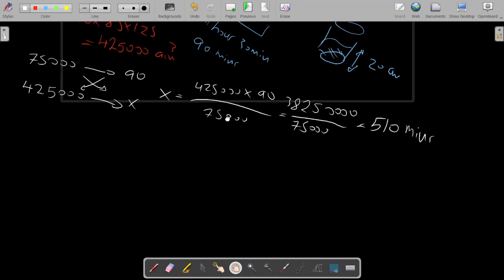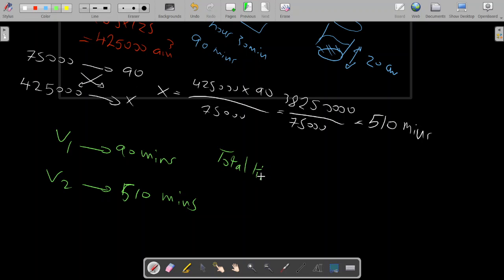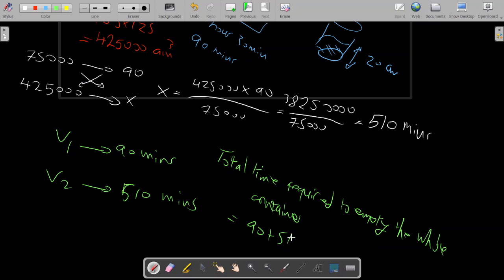So the last step of this solution: volume 1 needed 90 minutes, volume 2 needed 510 minutes, so the total time required to empty the whole container is equal to 90 plus 510, which is 600 minutes.